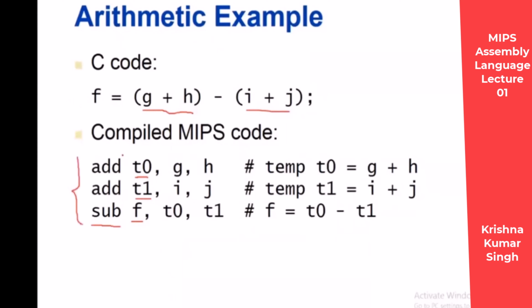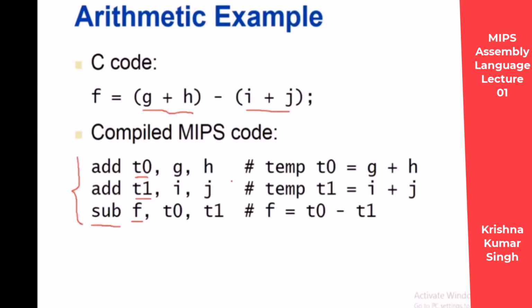So one statement in a high-level language may be translated into several instructions in low-level language, but each of these instructions will be translated to one machine code. There is a one-to-one relation between each assembly instruction and its machine code.